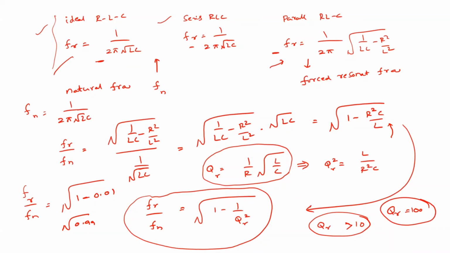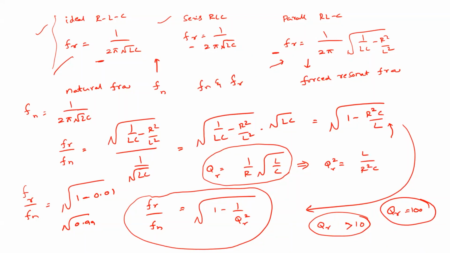If the Q factor is very high, the natural frequency of resonance Fn and the forced resonance frequency Fr are more or less the same. There is not much difference.